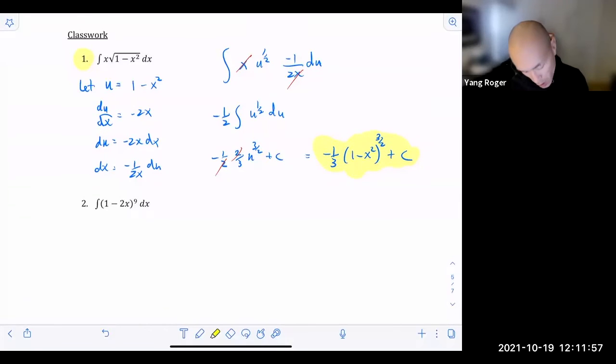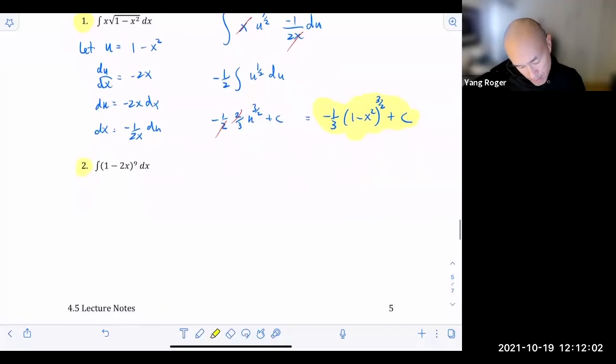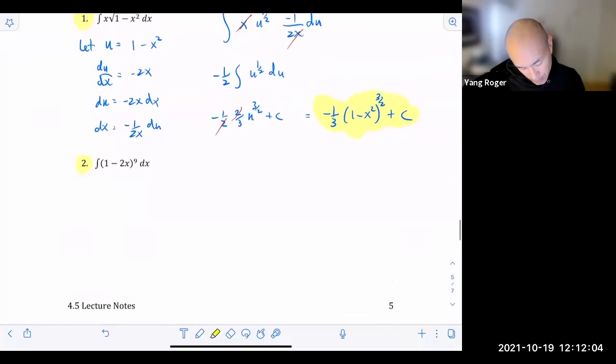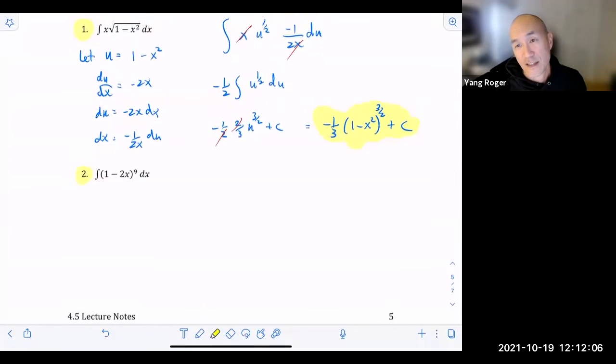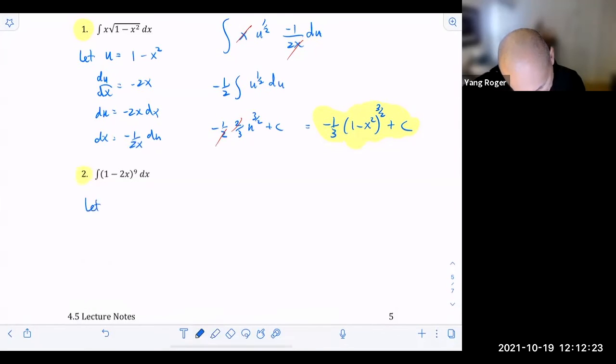We have time for one more. Try number 2. Oh, we don't have that much time for one more. Try it anyways. This is easier than the first one. This should be the real number 1. You don't have a lot of choice here for what u should be.